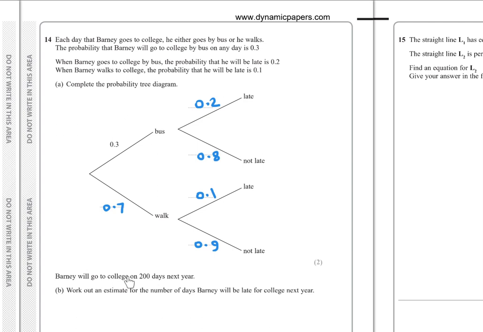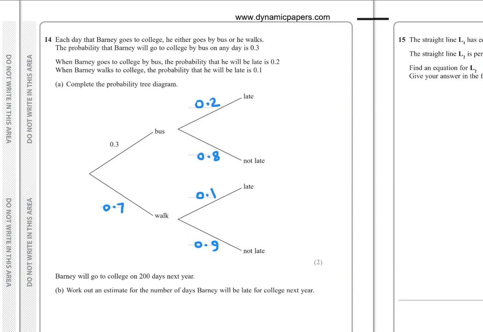Barney will go to college on 200 days next year. Work out an estimate for the number of days Barney will be late for the college next year. Probability to be late, this branch and that one.